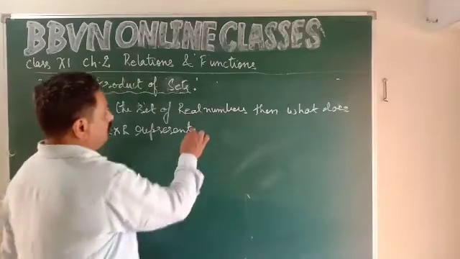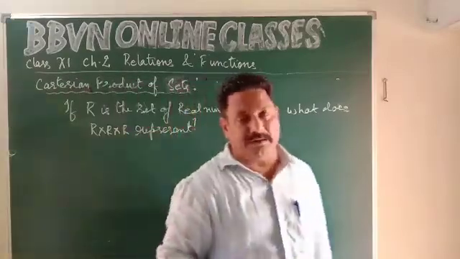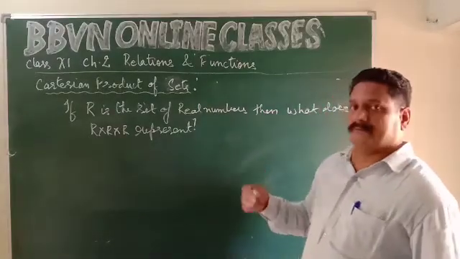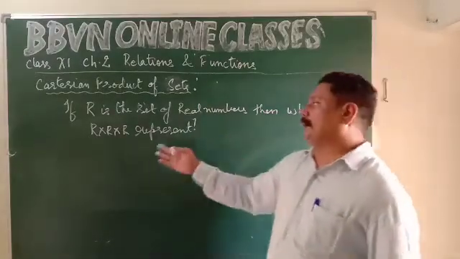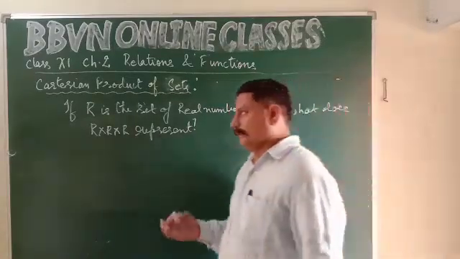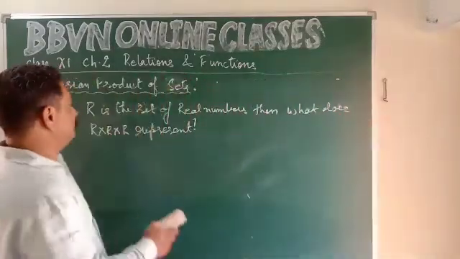The previous question was, if R is the set of real numbers, then what does R cross R represent? Same, I have just increased it a little. R cross R, what does it represent? Think about it, get the answer. Okay, let's move ahead.